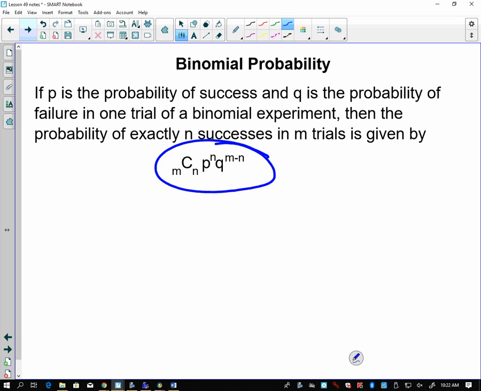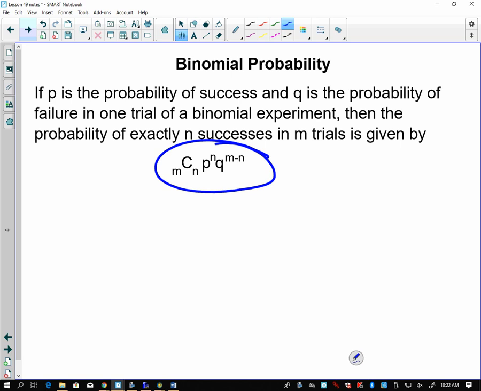M is the number of trials, so the number of times I'm flipping the coin. N is successes, right? So then we take times probability of number of successes times Q, which is probability of failure, to the M minus N. So we can see some of that as we work out questions.